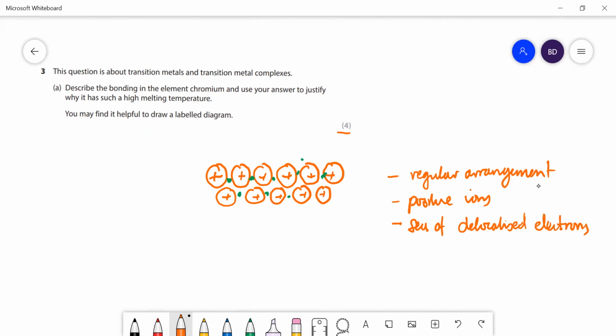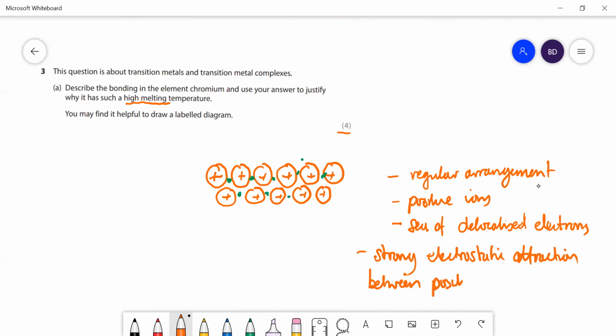And why has it got a high melting temperature? I think you need to say there is a strong electrostatic attraction between the positive ions and the negative electrons.